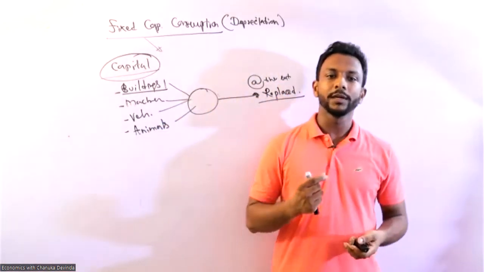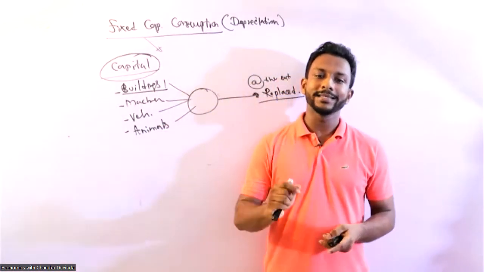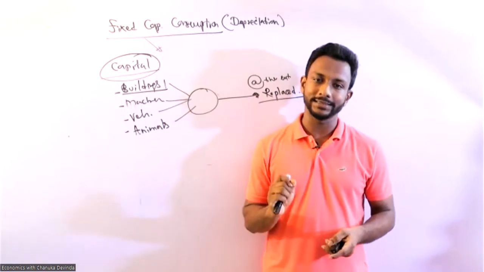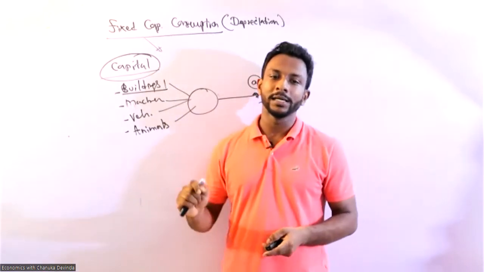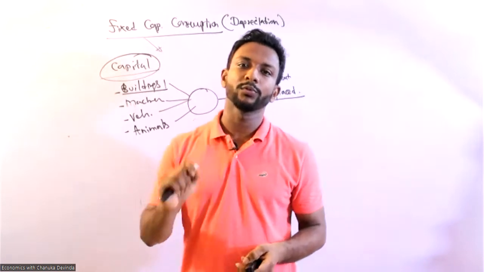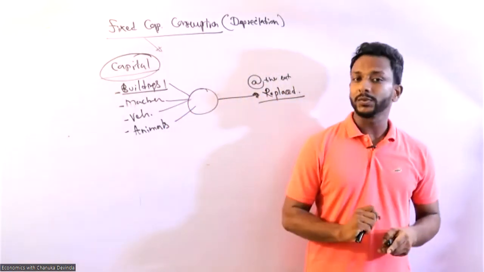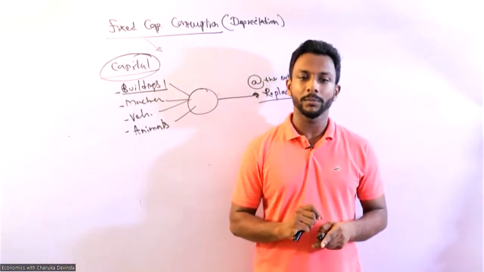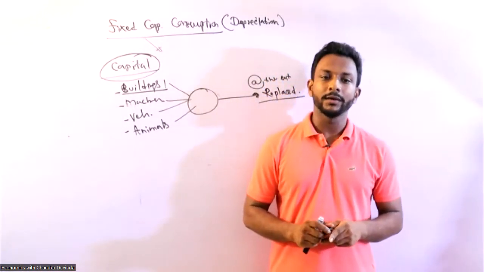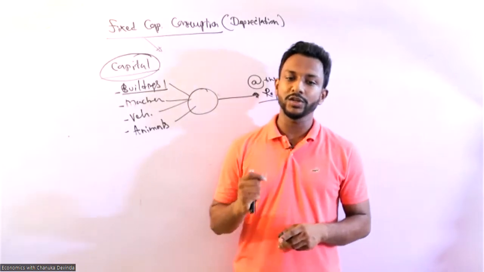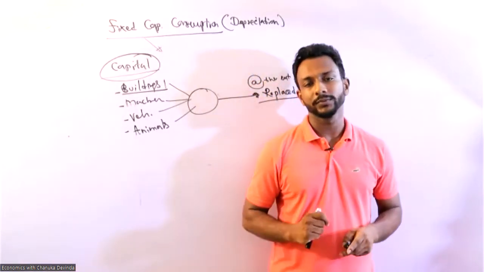The value of the provision made for these depreciating capital assets is called consumption of fixed capital, right? So the next point, on page number 4 at the top: the value of total output is measured at its gross value, right?